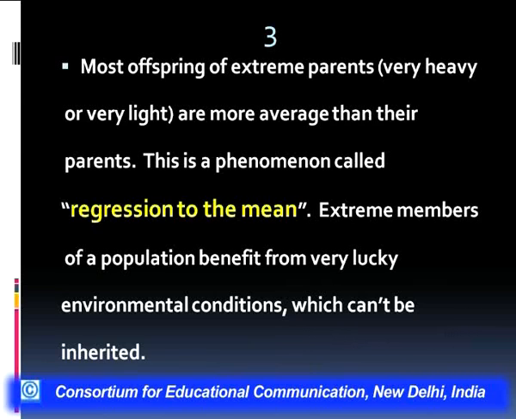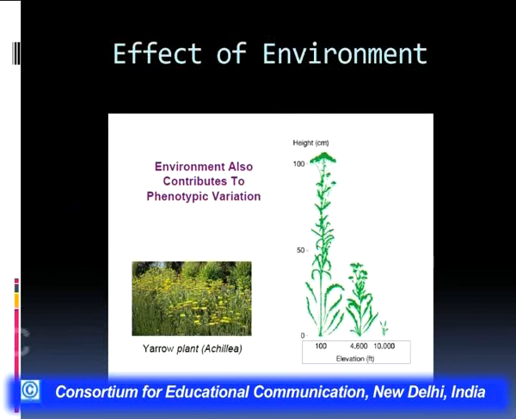So, it means the parents of the two extremes would always enjoy the benefit of the environmental conditions. It is not necessary that such benefits may always be inherited. They may or may not be.